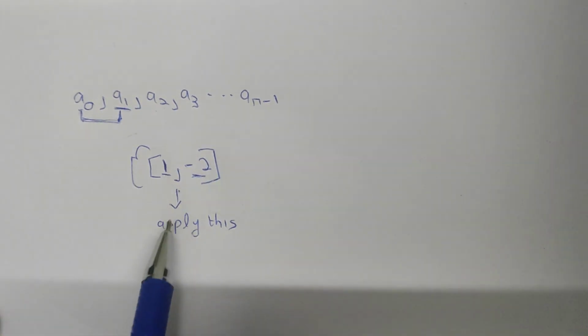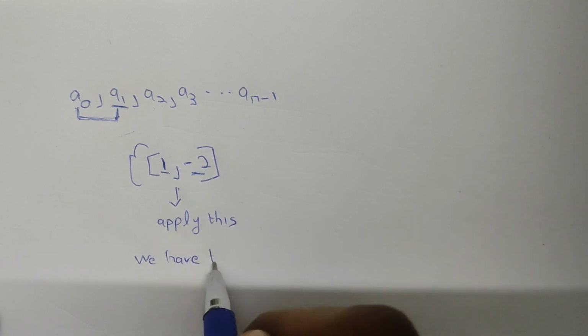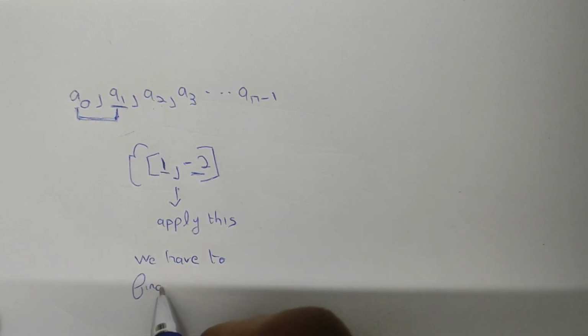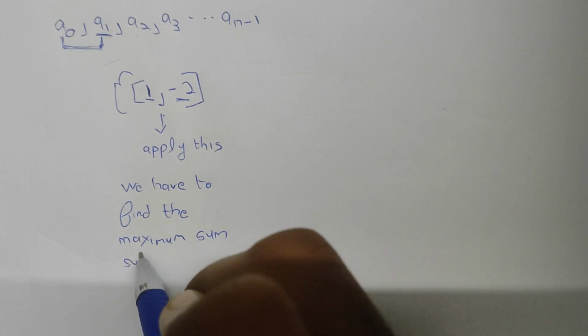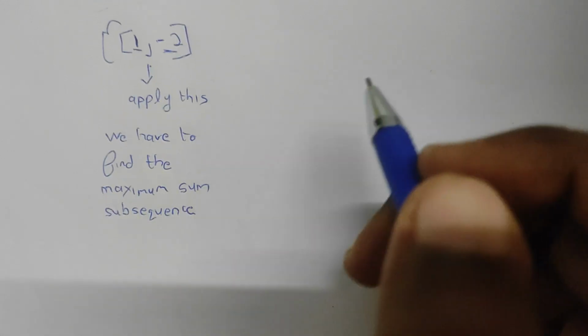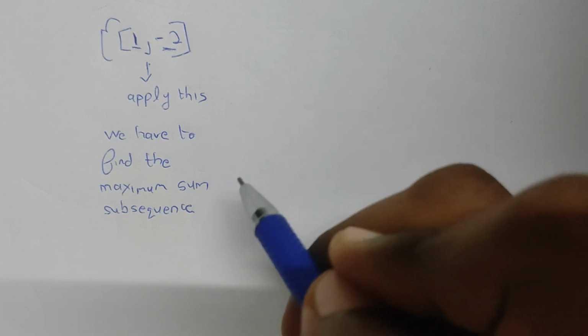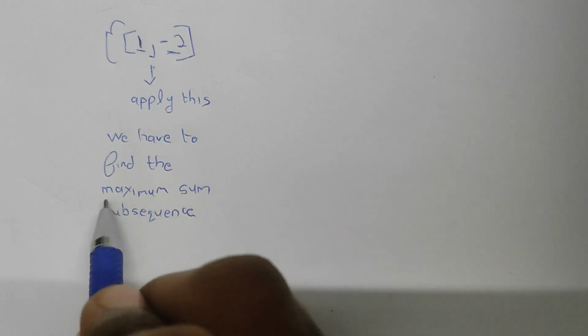So here the first index value will be A1. We have to change the value of A1 to minus 2. After applying this, we have to find the maximum sum subsequence. Okay, we don't need to find the maximum sum subsequence, we just need to find the maximum sum.